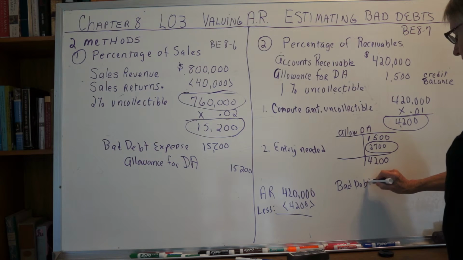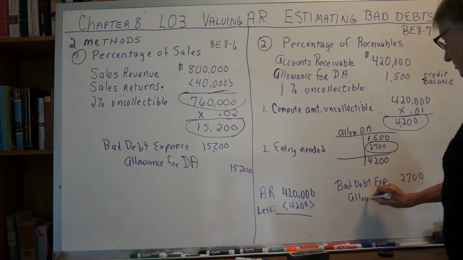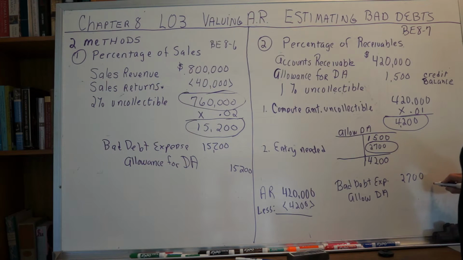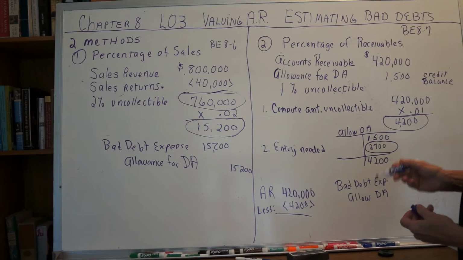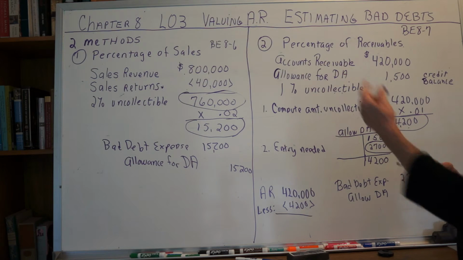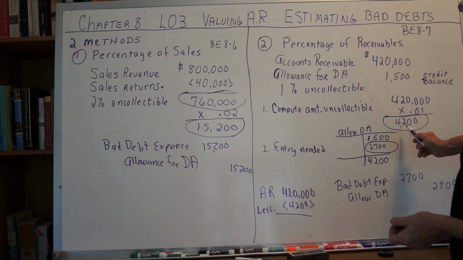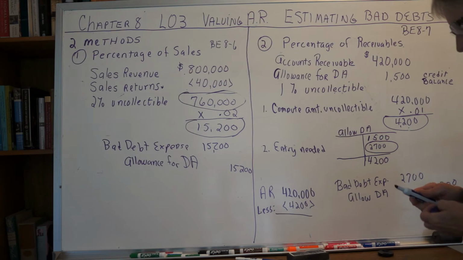So we would go bad debt expense 2,700, and allowance for doubtful accounts 2,700. Okay, so that's your basic percentage of receivables method. And the key to keep in mind is that once you compute the amount collectible, unlike the percentage of sales method, you're not done. You have to figure out what journal entry you need to get to your ending point.